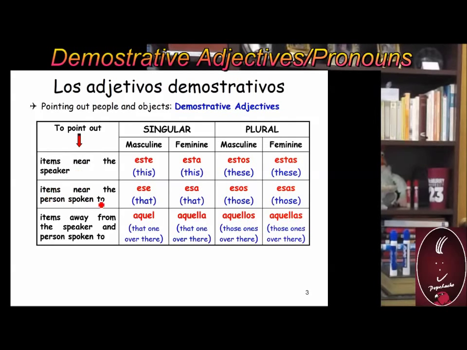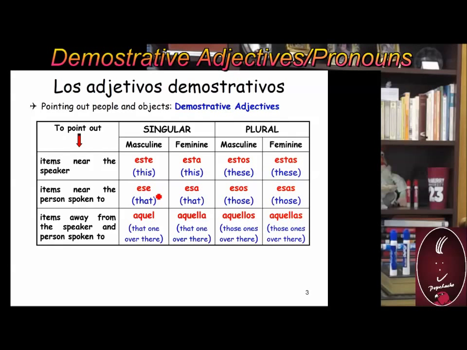How do we use the second group? When the items are close to the person that I am speaking to. In my example, I will use ese if I am pointing those markers. This marker, the blue one, ese.